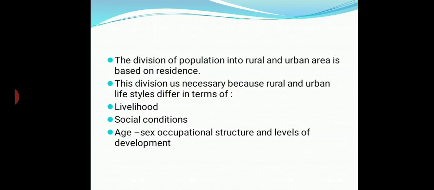Now see, the division of population into rural and urban area is based on residence. What does it mean? People who are living in villages, rural. People who are living in cities, urban. Because there is a lot of difference in terms of lifestyle, in terms of development, in terms of occupation, how they are earning their livelihood.